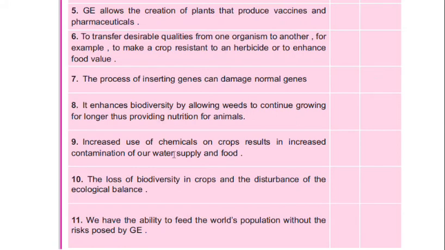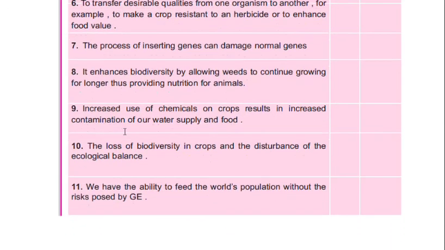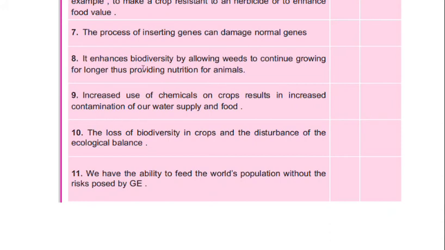In 8, it enhances biodiversity by allowing weeds to continue growing for longer, thus providing nutrition for animals. We've seen that the word enhance means to make something better or bigger. So that enhances biodiversity by allowing some plants to continue growing for longer, and as a result providing food for animals. So that is something positive.